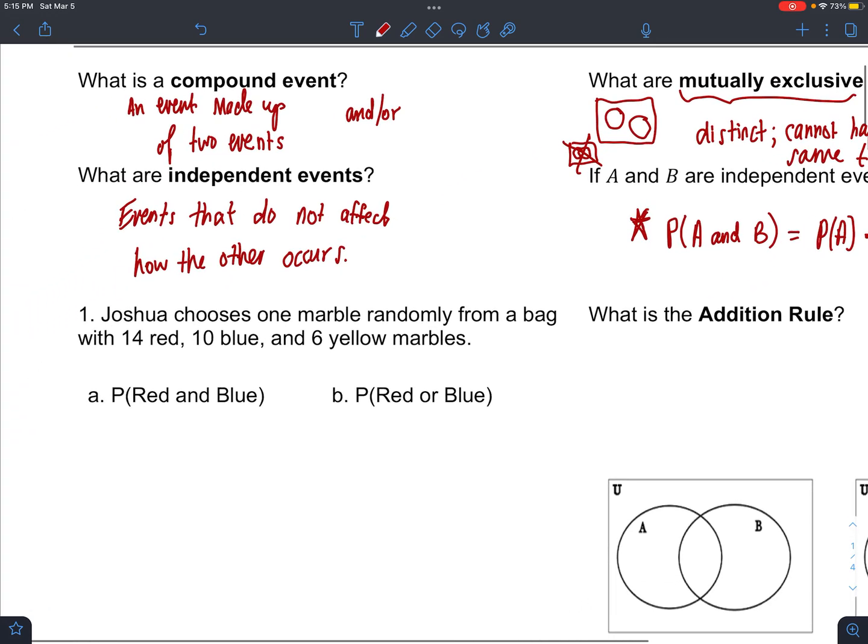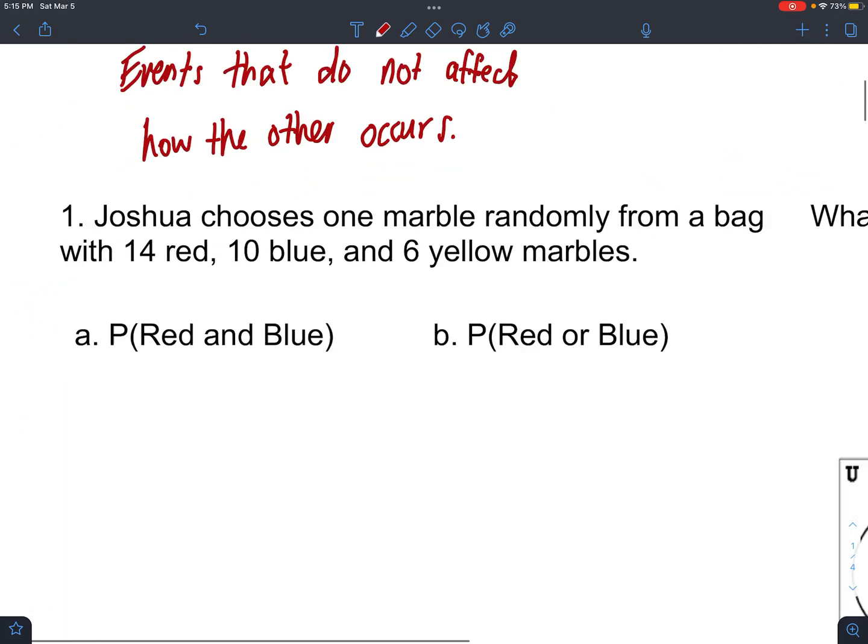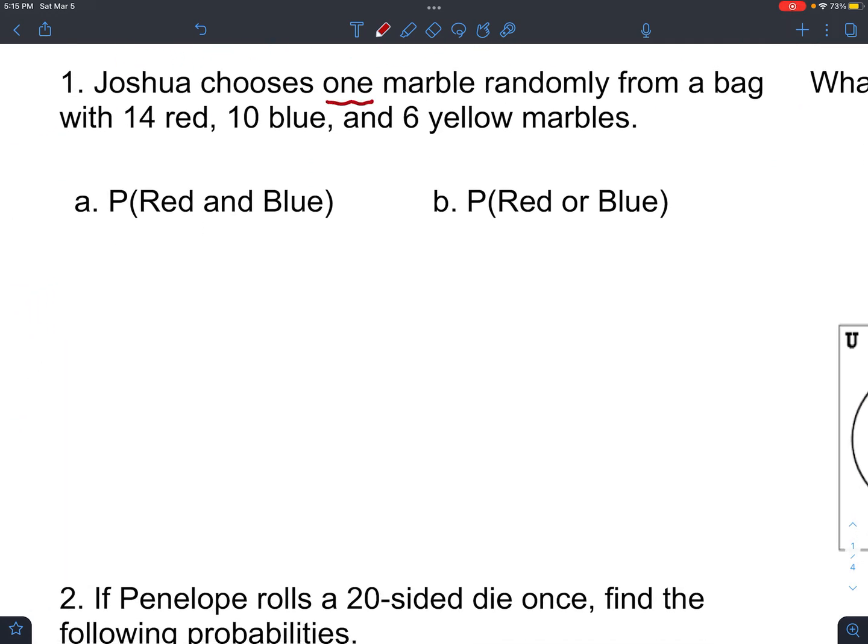Okay? So, first, we're selecting one marble from a collection of colors. What's the probability that one marble is red and blue? 0. I mean, that's not possible. You can't pick one marble and have it be both colors. That's not how the problem was presented.